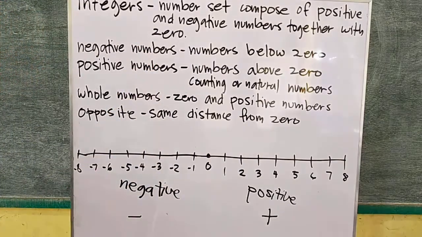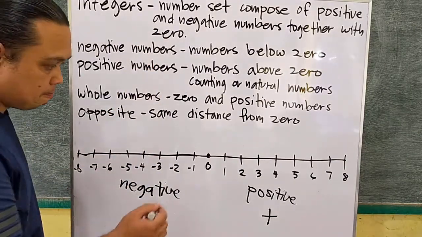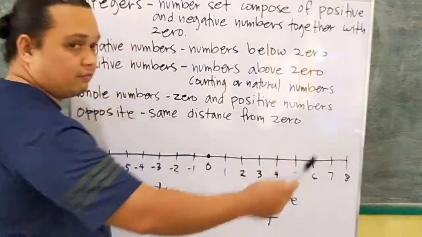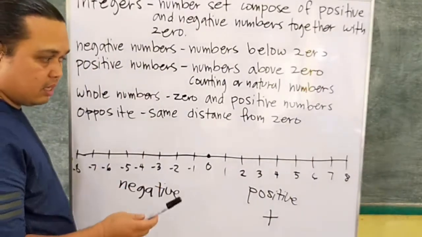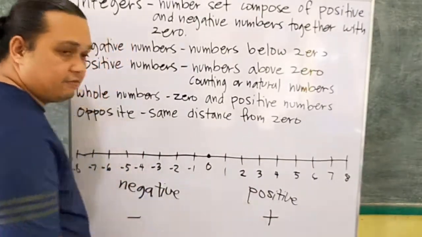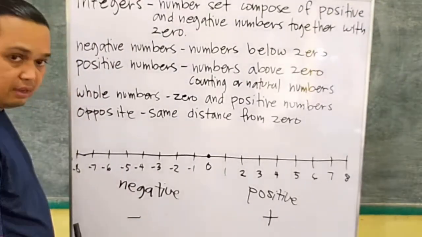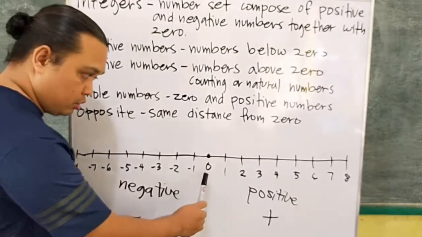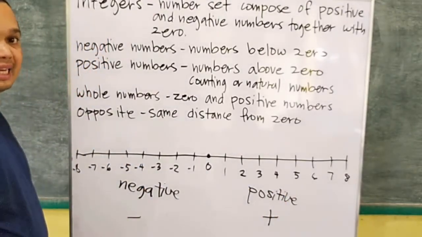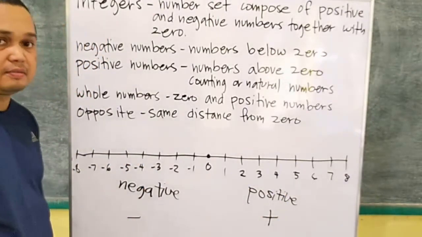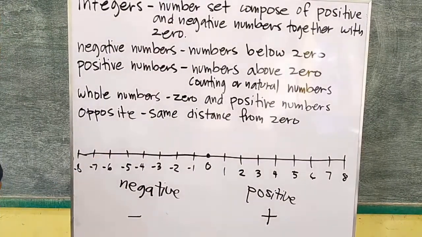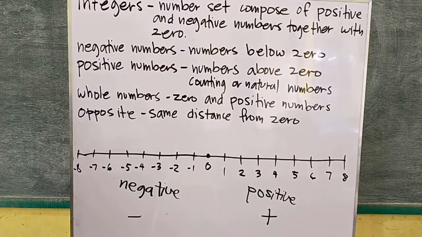So again, a whole number is a number from 0 above, while if the number is composed of positive numbers, negative numbers, together with 0, all of them are called an integer. Now, opposite means same distance from 0.